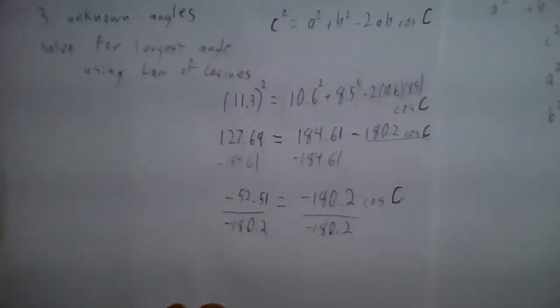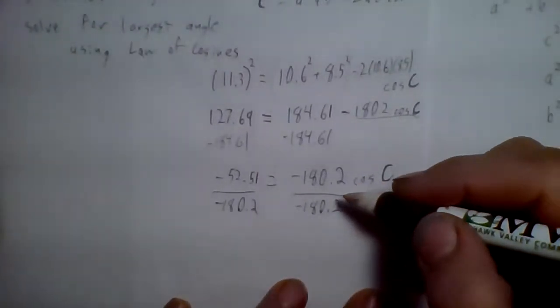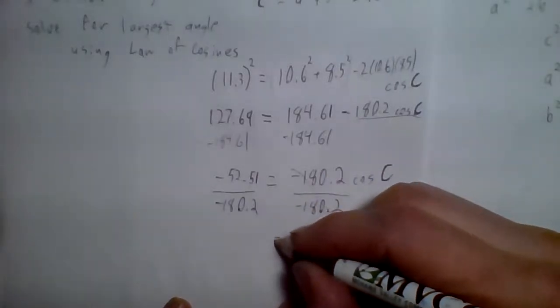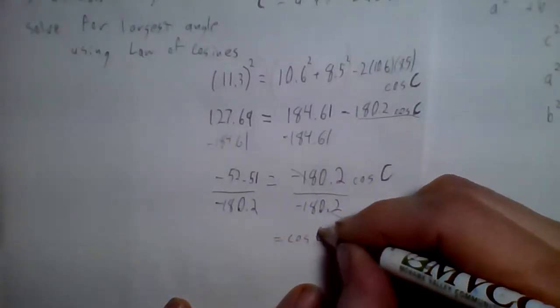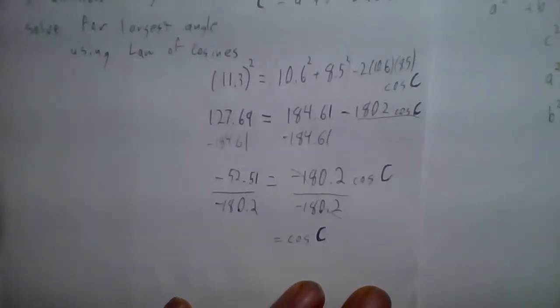What we do in the following chapter after this trig stuff is done is all different kinds of equation solving. So we're going to get a bunch more practice with that. That's a good thing. This is how we get cosine C by itself. And then we're going to have to do some trig stuff. This division should be a small number. 52.51.